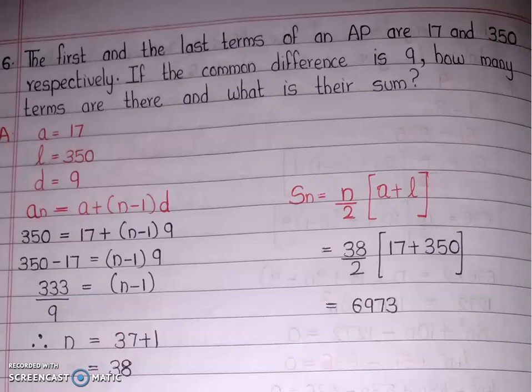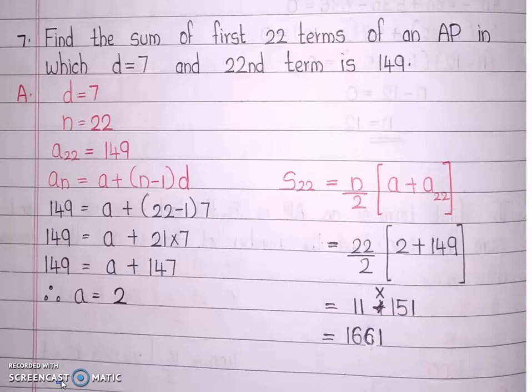You can use Sn is equal to n by 2 into 2a plus n minus 1 into d also. That's a little bit longer one. So I'll use this formula as I know all the values here. Okay, so you will get sum of 38 terms is equal to 6973. Next question.